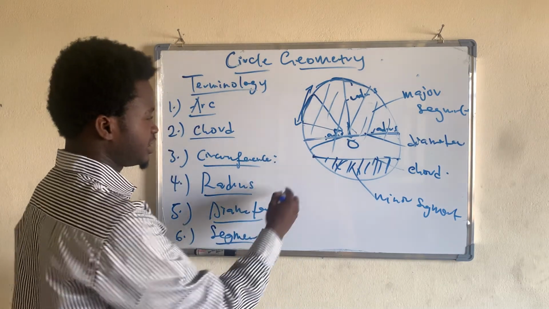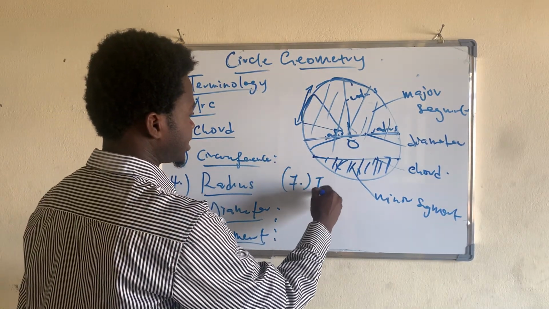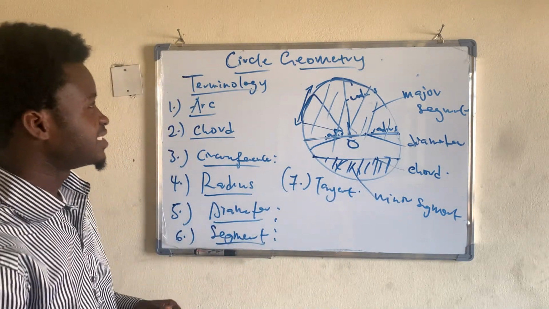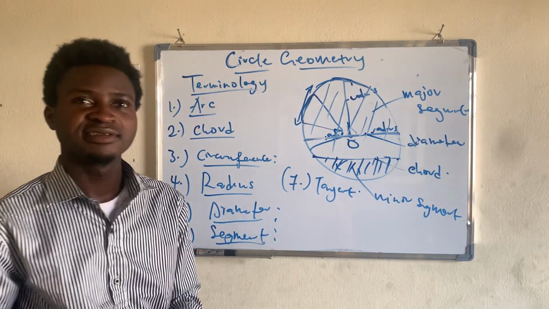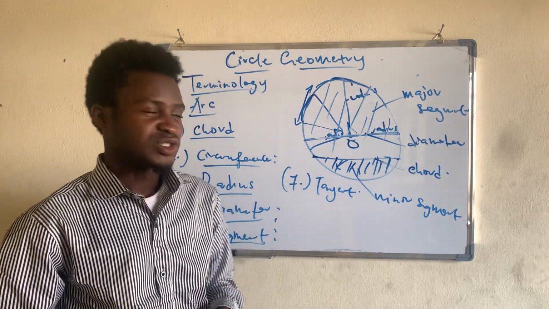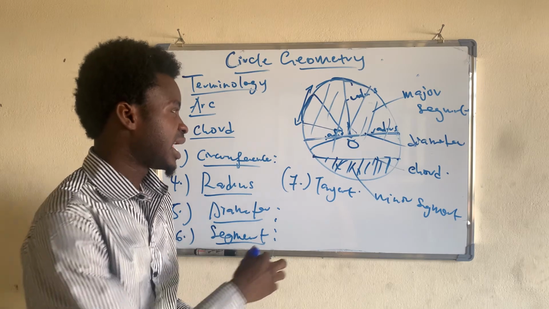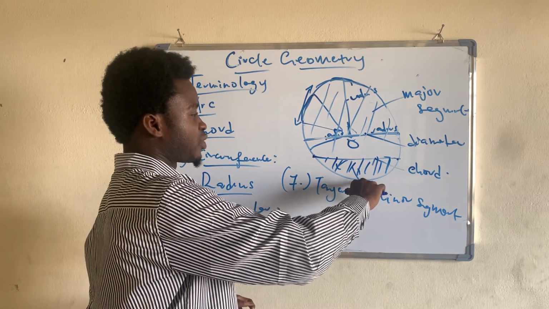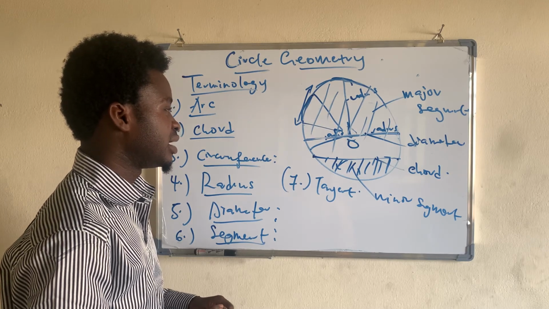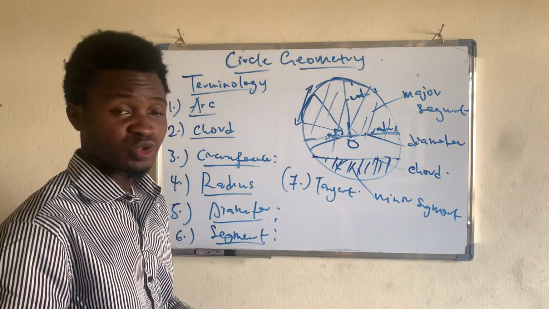And lastly, we talk about tangents. A tangent is a line that hits the circumference at a point. So a line drawn that meets the circumference at a point, which creates a right angle to the radius.